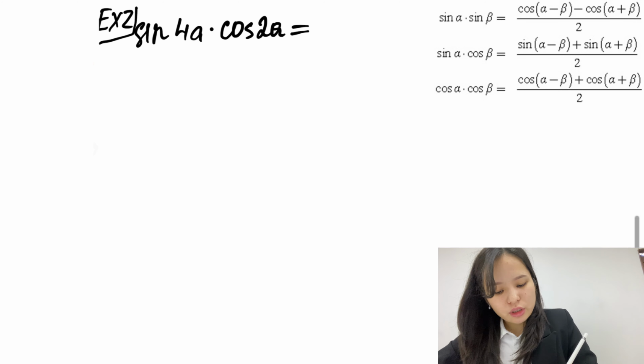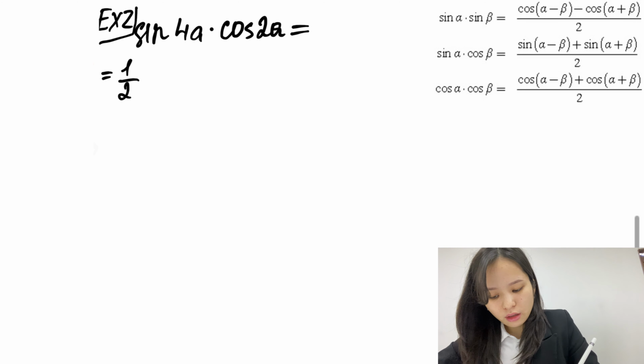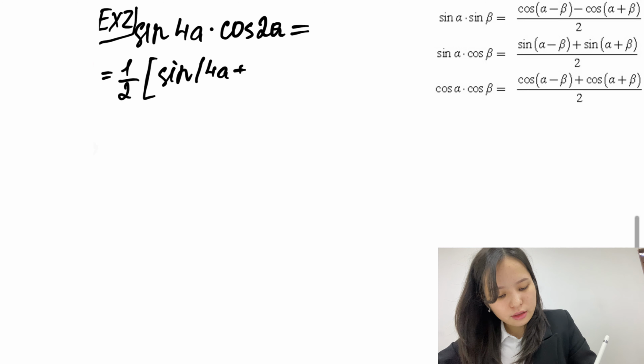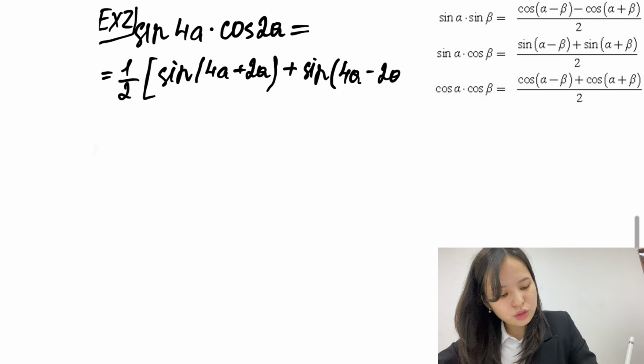Example 2. Sine 4a multiplied by cosine 2a. By the formula, it will be equal to 1 over 2 multiplied by sine 4a plus 2a plus sine 4a minus 2a.